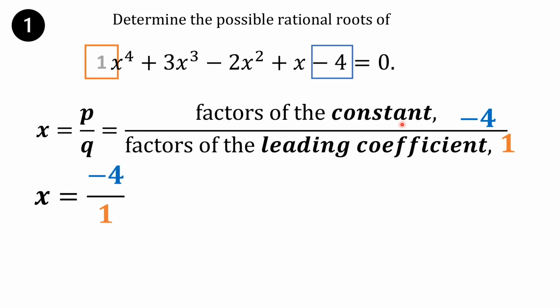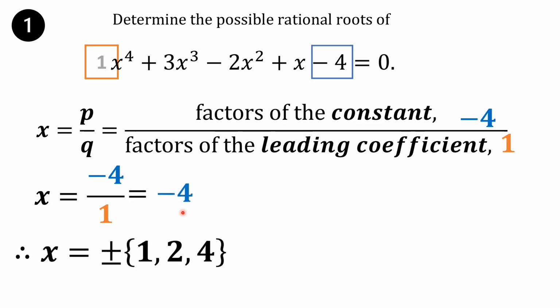since the leading coefficient is 1, therefore we can simplify that we can only get the factors of the constant because negative 4 over 1 is negative 4.